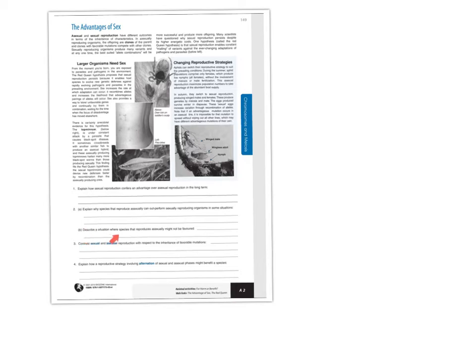So describe a situation where a species that reproduces asexually might not be favored. Think about it, and then consider this question. Contrast sexual and asexual reproduction with respect to inheritance. That goes back to the idea that when you're talking about sexual reproduction, you're recombining, you're increasing the genetic variation.